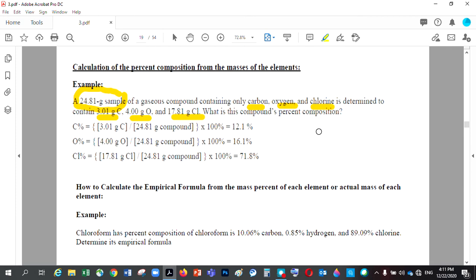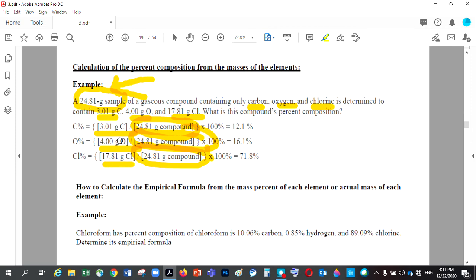Well, as I said, we have this composition percentage. Now I know that the total mass of the whole molecule is 24.8. Those are the totals, the total mass. Then you have the individual elements, 3.10 for carbon, 4.0 for oxygen, and 17.0.